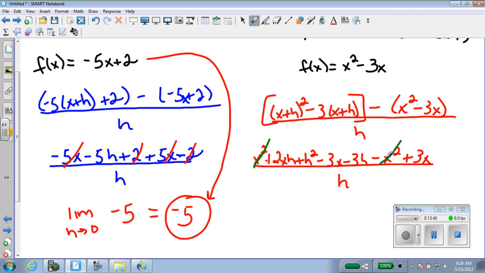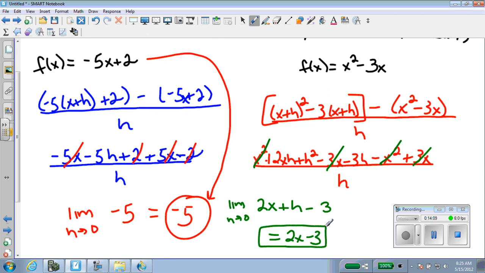The x squares cancel, the 3x's cancel, every term has an h, so 2x plus h minus 3. We're going to take the limit as h goes to 0, so we're going to get 2x minus 3. So this is our derivative. It is our formula for the slope of the tangent line at any point along the graph.